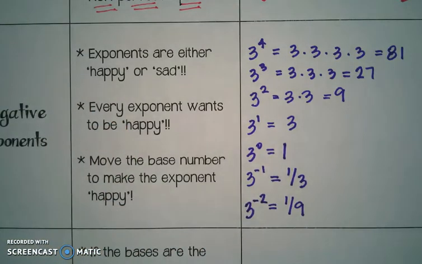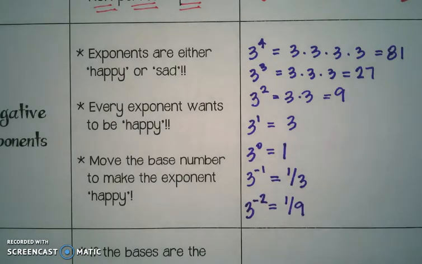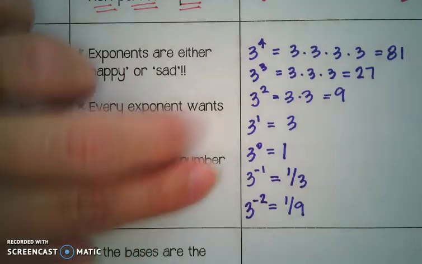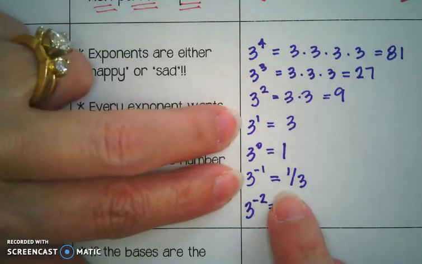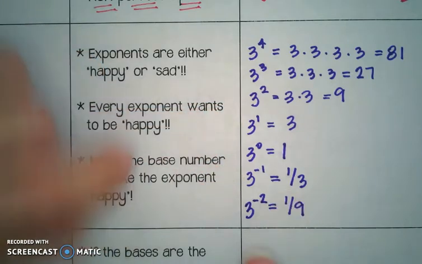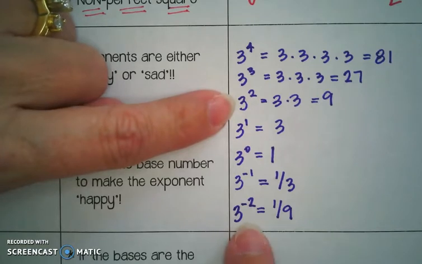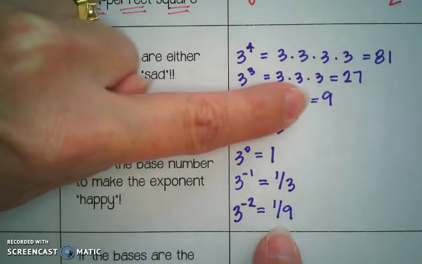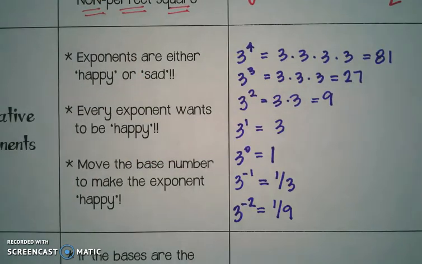So the deal here is that negative exponents cause reciprocals. We have the same value for 3 to the first as we do for 3 to the negative first, except we have the reciprocal. And we have the same value for 3 squared that we do for 3 to the negative second, except we have the reciprocal. So negative exponents cause reciprocals.